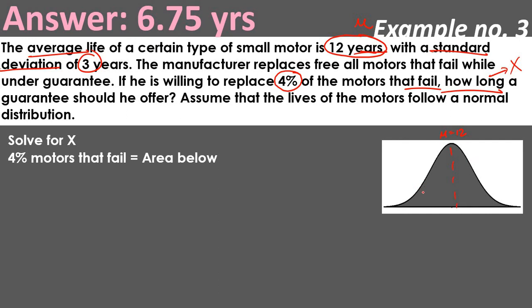Fail is something negative, so it should be found here on the negative side of the curve. So we'll be considering this 4% area below. Now we are solving for x given the area, mean, and standard deviation. So we need to identify the closest value to 0.0400.